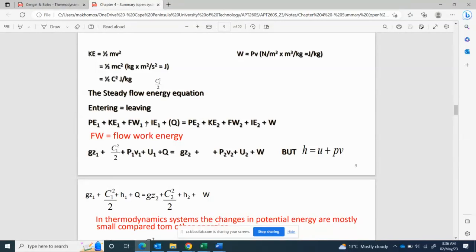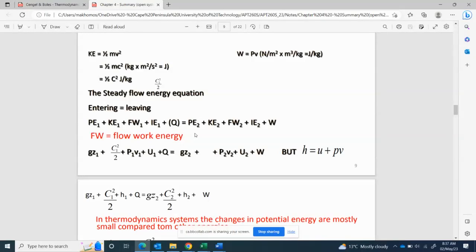So if the potential energy is very small, then PE1 and PE2 are going to cancel each other, which means PE1 minus PE2 is equal to 0. Or sometimes, if the device is horizontal, the potential energy at the inlet is going to be the same as the potential energy at the outlet, which means PE1 minus PE2 is equal to 0. So don't be surprised when you don't see the potential energy when we write down our steady flow energy equation.